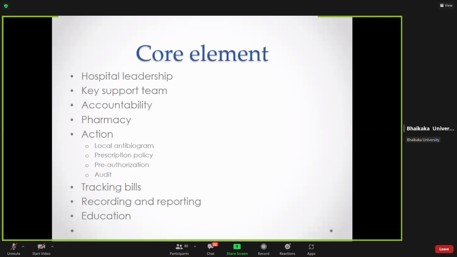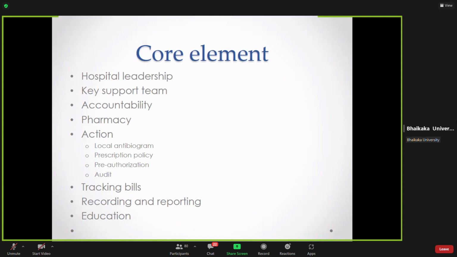They could be clinicians, pharmacists, critical care intensivists, microbiologists, infection control nurses for audit and various operational elements. Every individual identified as key support team should be counseled on accountability and responsibility in the entire program. The pharmacy is the place from where you will audit, trace the billing and issue of this antibiotic, and usually monitor the consumption of the antibiotic.